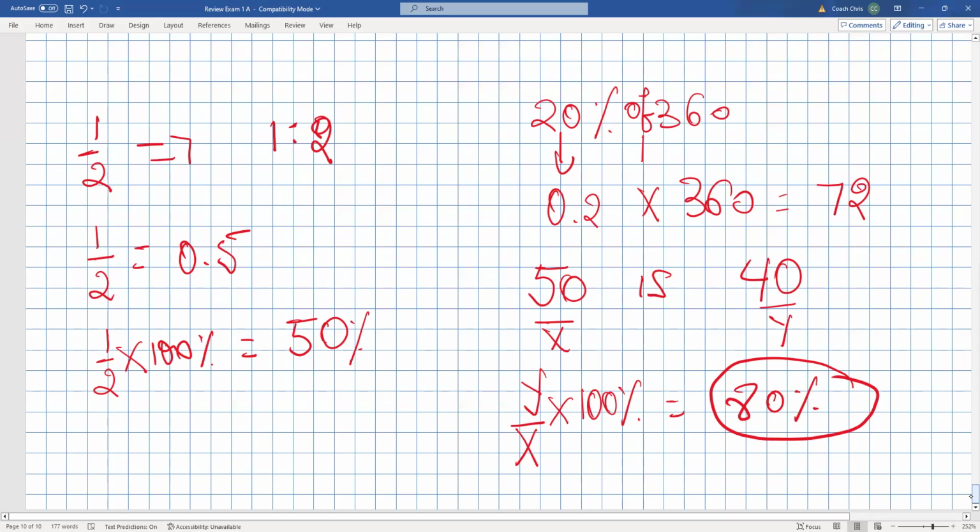So if you got one tool like this, and then they say, convert this to a percent, the only thing you have to do, get 1/2, multiply that by 100%. So your answer is gonna be 50%.